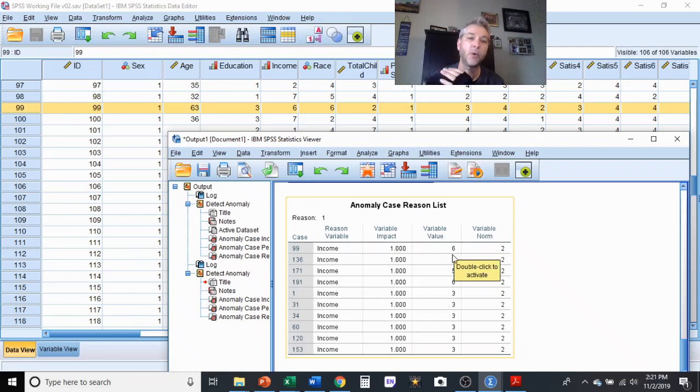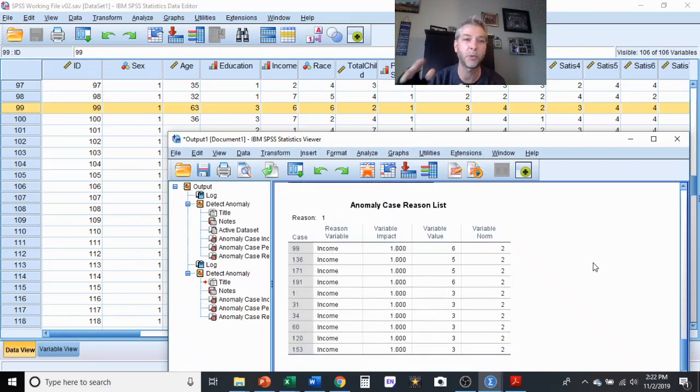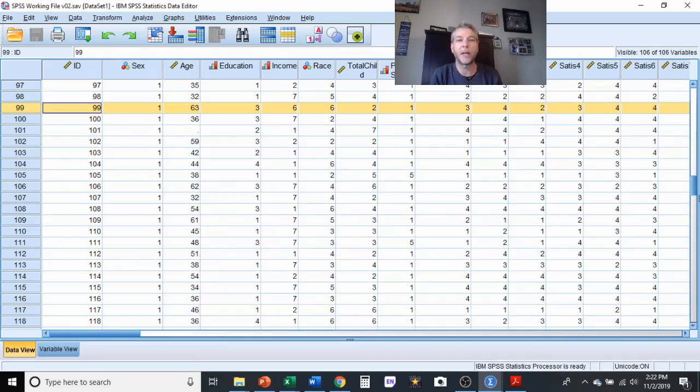And again, I don't know what SPSS did to put this person into a peer size or compare them to other people, but it's looking at apparently other things and saying, okay, based on what we know of a group similar to you, it's unusual that you would have a response of 6. And it's doing the same thing with these other participants' case numbers and the responses that they had given. So that might be something that you want to look at.